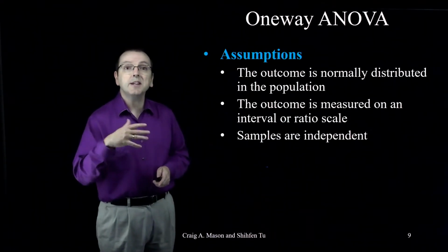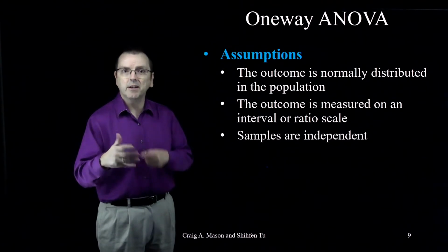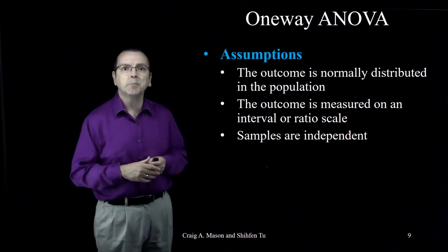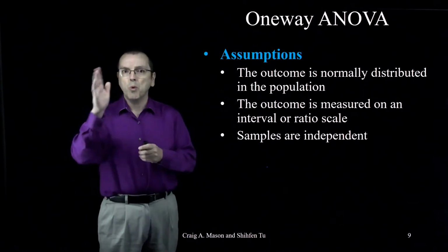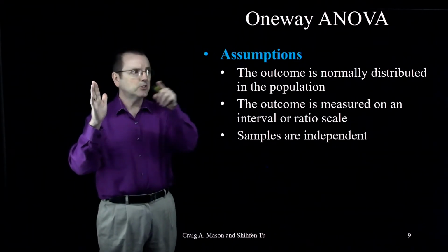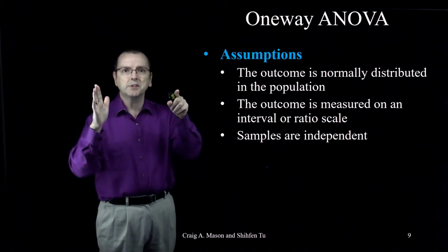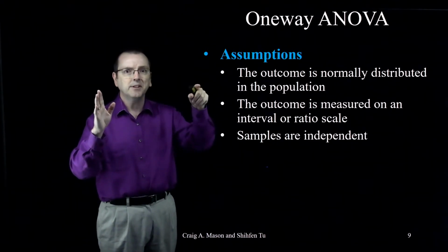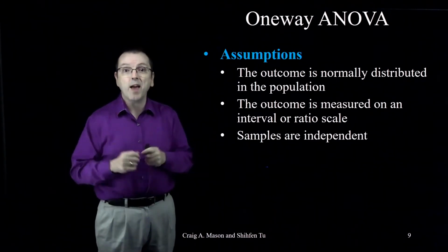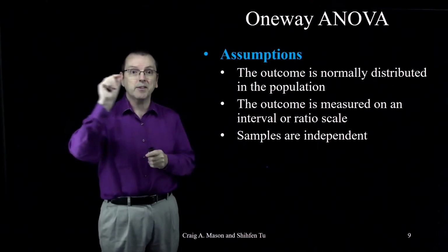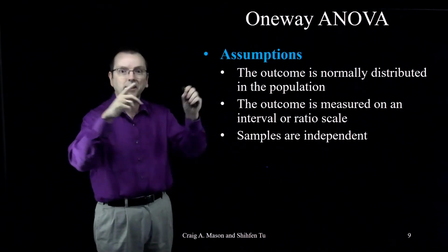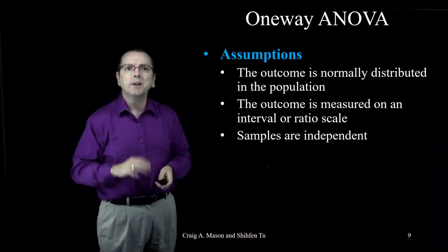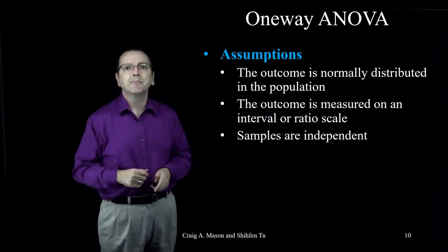The samples need to be independent, like with the independent samples t-test. Scores in one group can't be linked to scores in the other groups, such as repeated measurements of the same person, or different members of families, such as the mom here, the dad in that group, and children in another group. No, it needs to be independent.